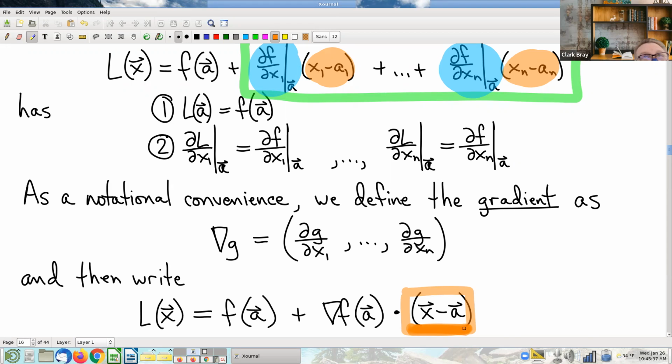I don't mean supernatural, like there are ghosts here, right? But it's an extremely natural object in relation to what we're doing here. So this other thing here, whose coordinates are those partial derivatives, must be interesting because it connects in a natural way to a natural thing in an important construction.